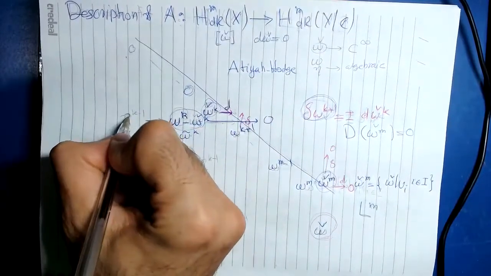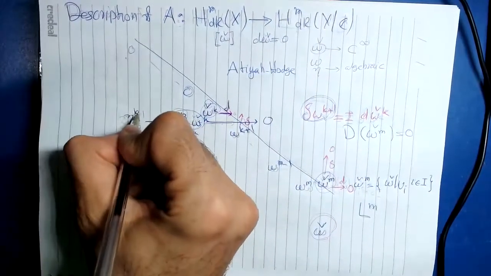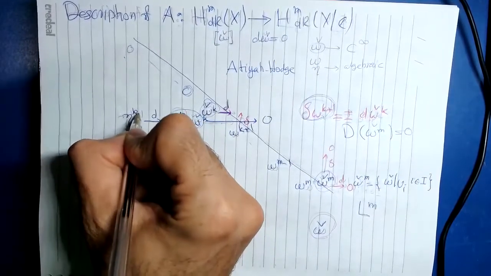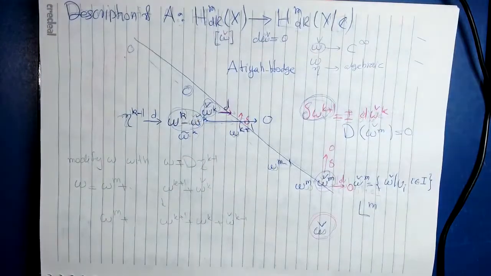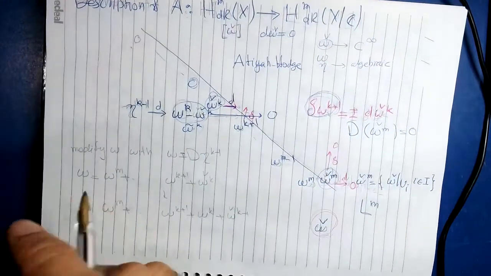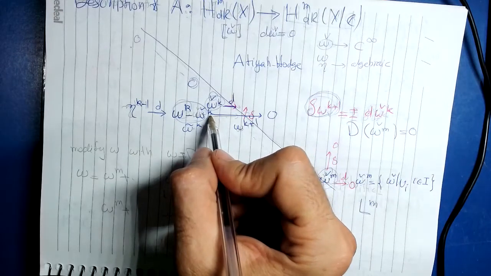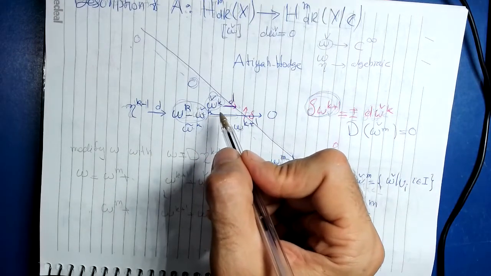This means that it comes by d from some omega^{k-1}. So we are almost done. We twice used the Atiyah-Hodge theorem, actually two different parts of the Atiyah-Hodge theorem, to get this picture.